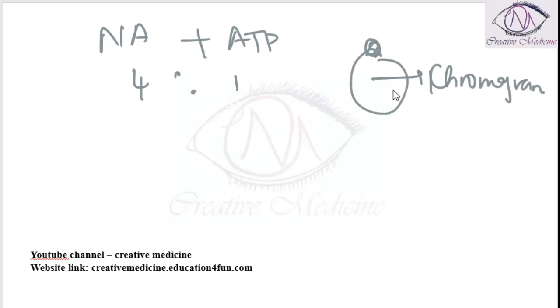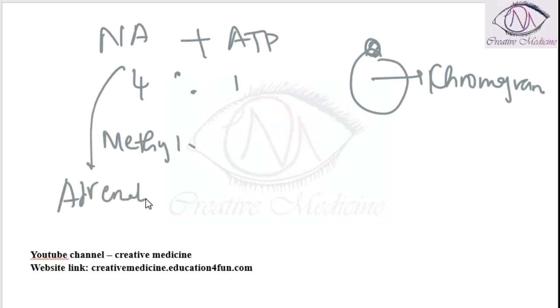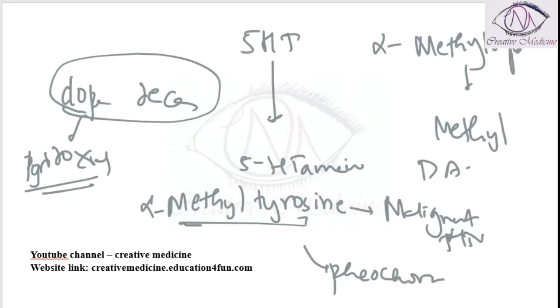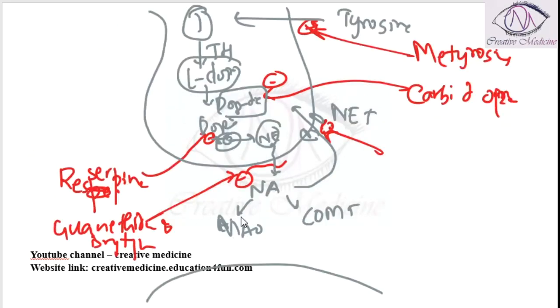Now this noradrenaline will get methylated and converted to adrenaline, and is again taken up by a separate set of granules. The cytoplasmic pool of these catecholamines is kept low by the enzyme monoamine oxidase, which will break down the norepinephrine.